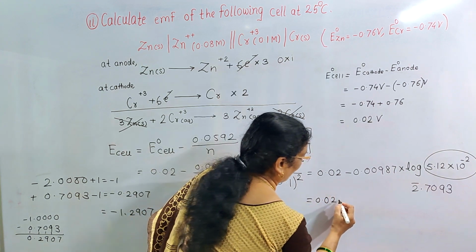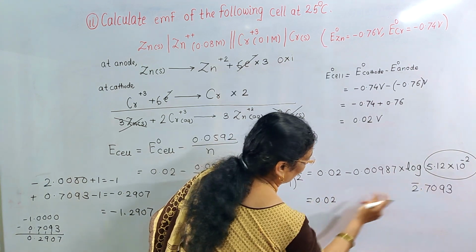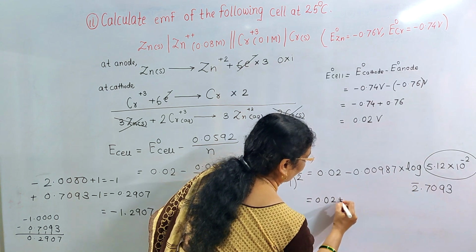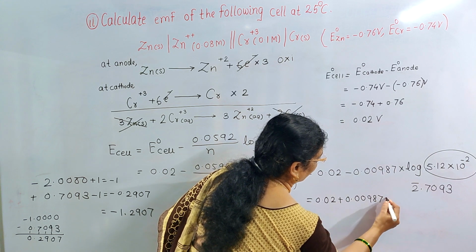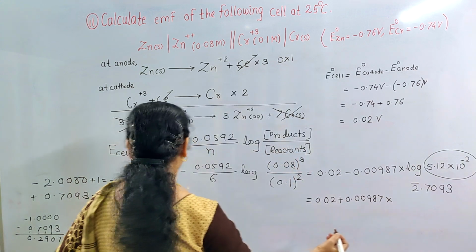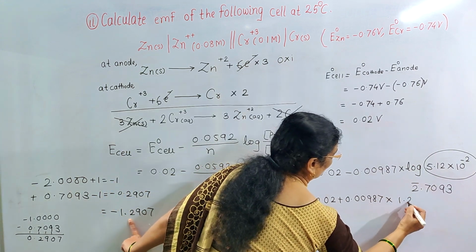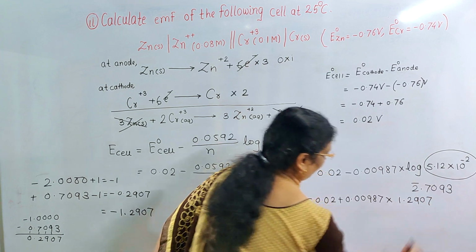So when you substitute this value here you can obtain 0.02 minus, and this value we have taken minus, so they will become plus 0.00987 into 1.2907.